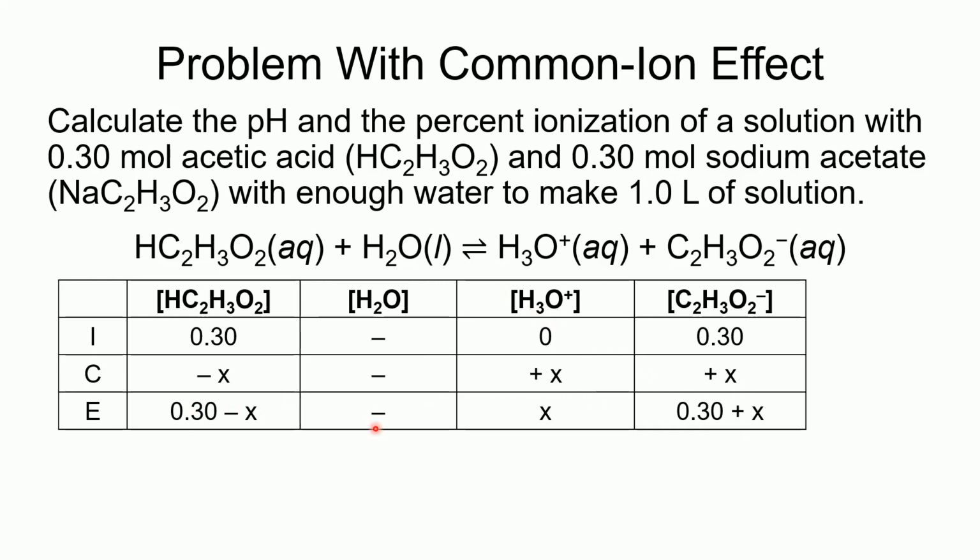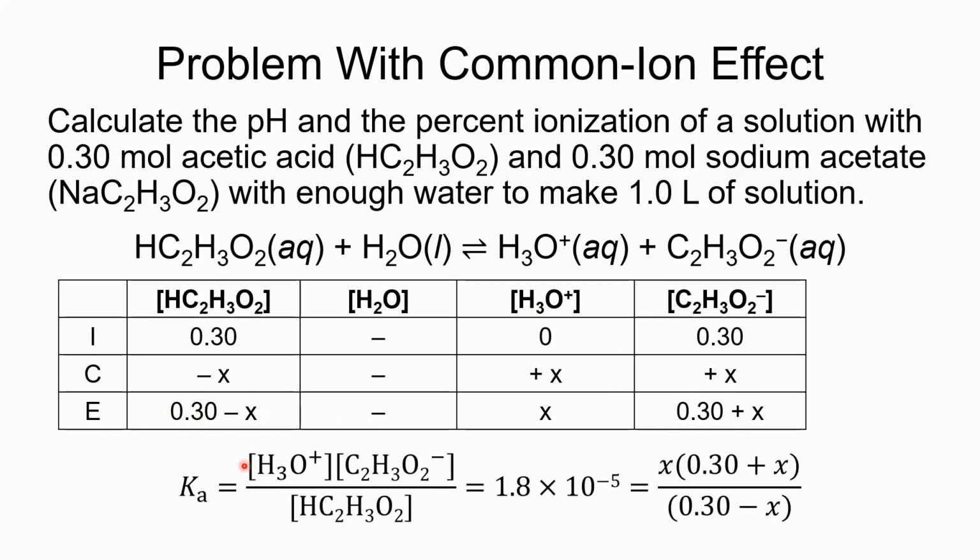When we put these values into our expression for Ka, here's our Ka value, we'll get X times 0.30 plus X over 0.30 minus X. Now, of course, if we can neglect X when we subtract it from 0.30, then it's going to be perfectly fine to neglect X when we add it to 0.30.